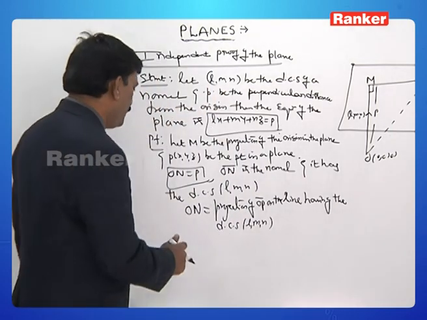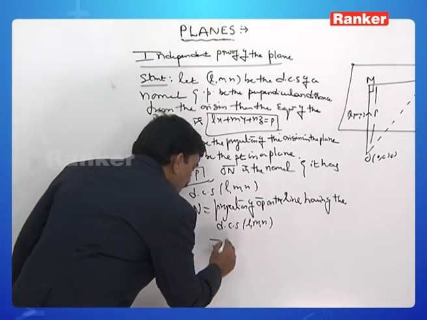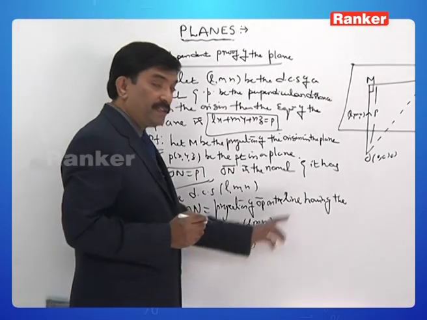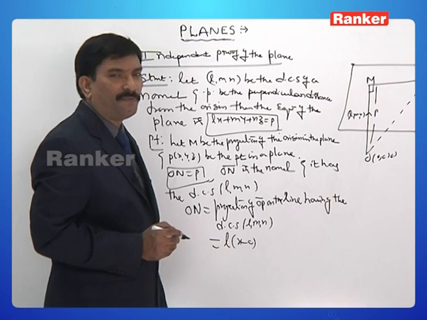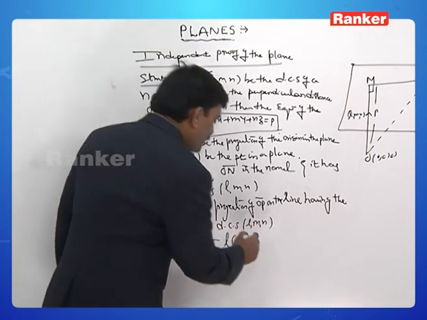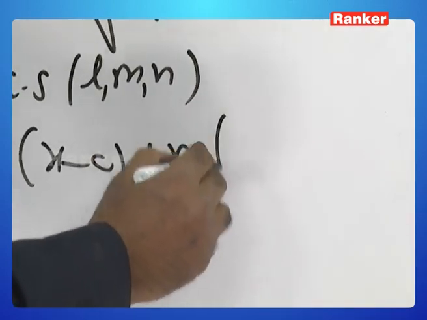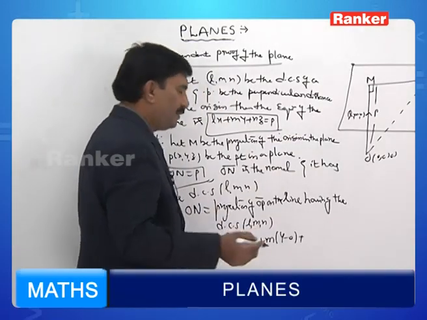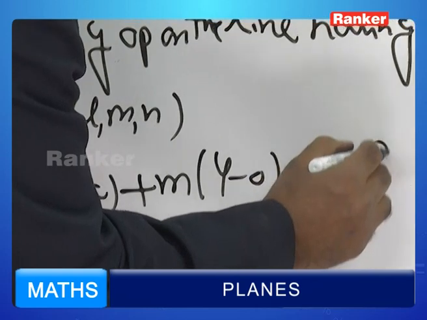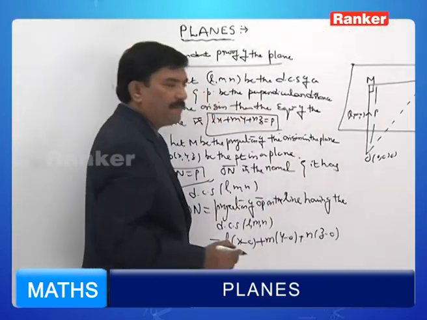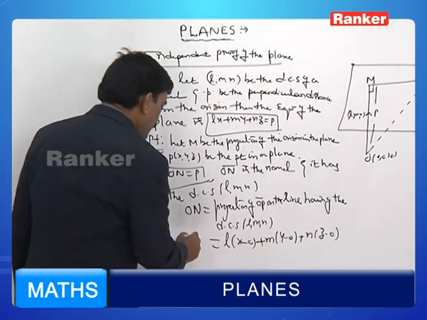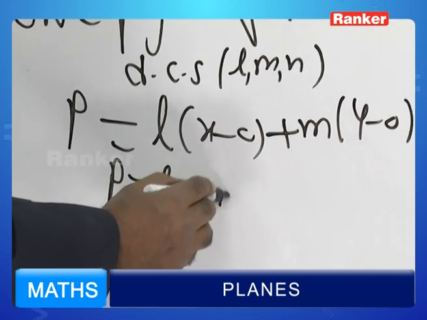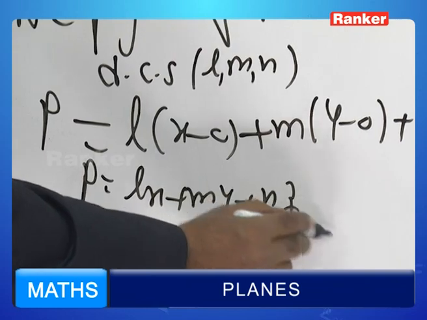So therefore, I can write this one as l into x minus 0, plus m into y minus 0, plus n into z minus 0. Therefore, this is nothing but p. Therefore, it is quite obvious, lx plus my plus nz.